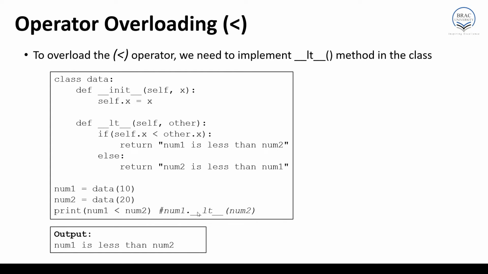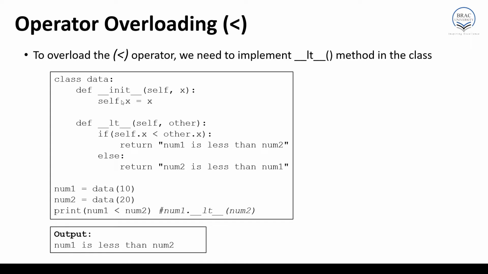We have already seen in code and just last slide. So number 1 is less than number 2. This LT method will be called, and number 1 is holding 10 because the instance variable x is holding 10. And number 2 is another instance of data class, and the self.x is holding 20.